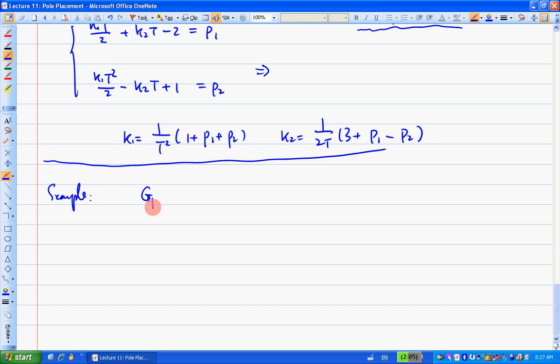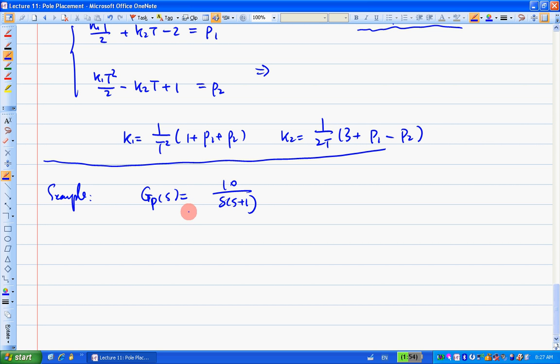So let's take a look at another example. This time the plant is slightly more complicated. It's a second order, 10 over this. Now I want you to practice this. We're going to follow a similar process.